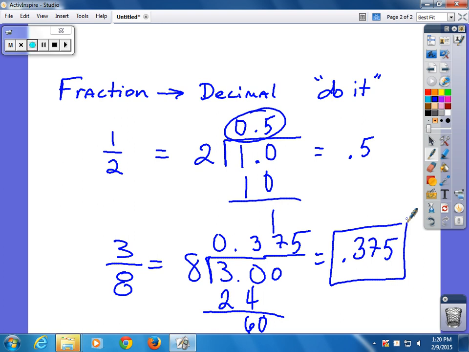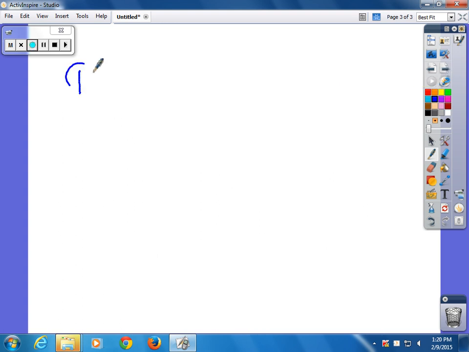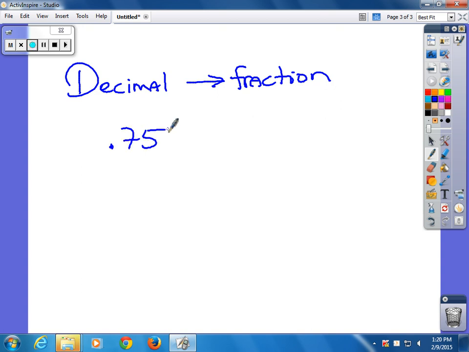Well, how do you make a decimal into a fraction? Well, you got to remember your place value. What place value is that 5 in? The thousandths, right?